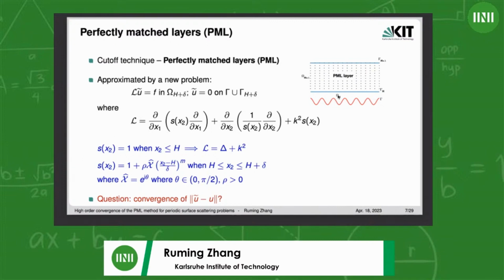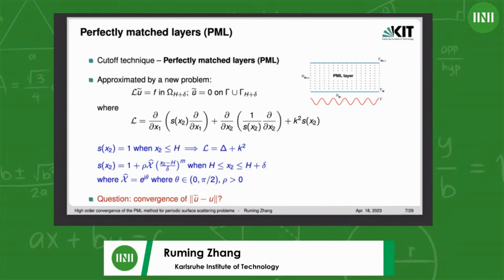Below the layer, in omega H, capital L is the same as the Helmholtz equation, so this is the physical domain. But above the surface, within the layer, it is different, defined by the function S. The function S describes how the wave is absorbed.